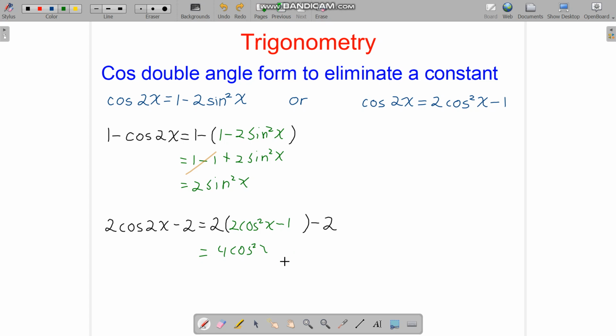Actually, it wouldn't work because we need to use plus, so let's use plus again. 1 minus 2 sine squared x, and we get 2 minus 4 sine squared x minus 2. We can cancel out 2. We have something simpler.